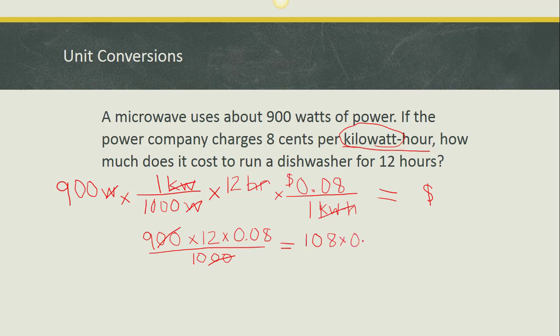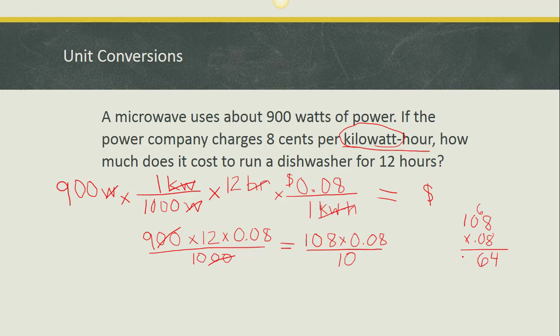times 0.08 divided by 10. So I'll come to the side, do 108 times 0.08. Okay. 8 times 8 is 64. Carry the 6. 8 times 0 plus 6.